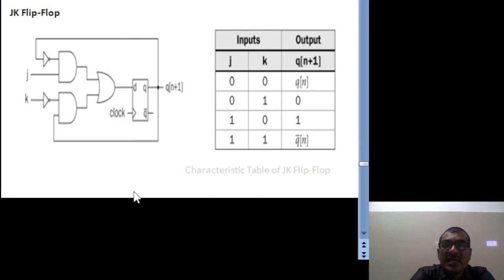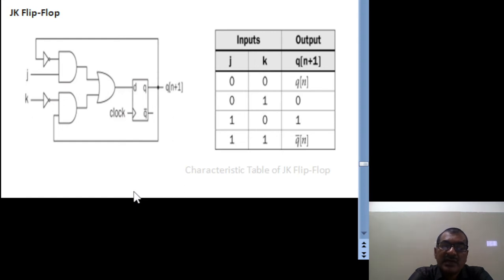So if both J and K are 0, 0, the expected state is the previous state. If it is 0, 1, that is J is 0, K is 1, the expected state is reset. Why? Because remember J is similar to S, that is set, whereas K is similar to R, that means reset.